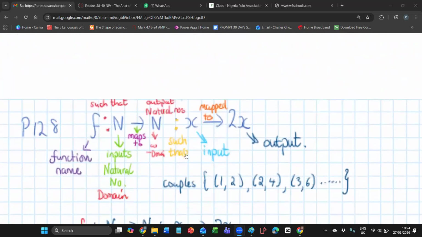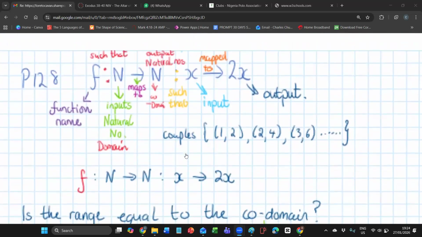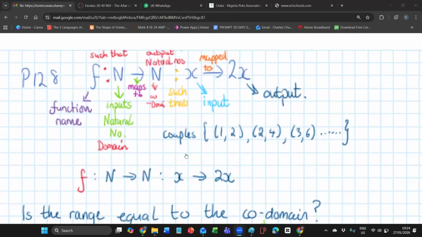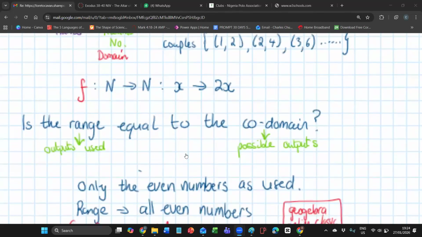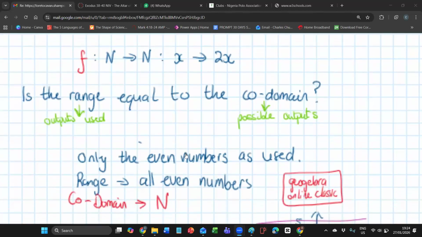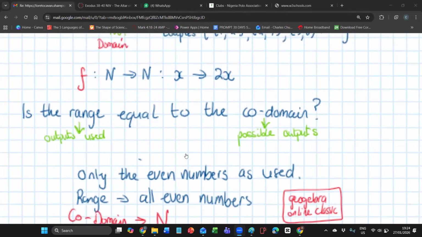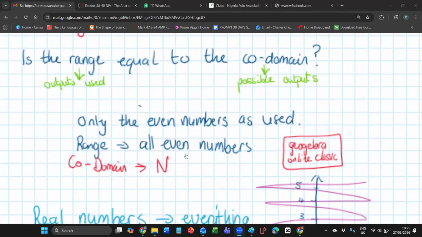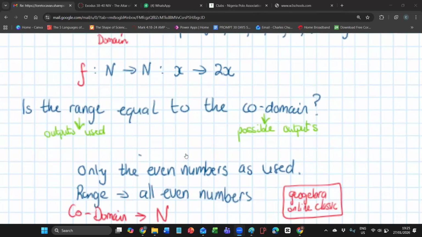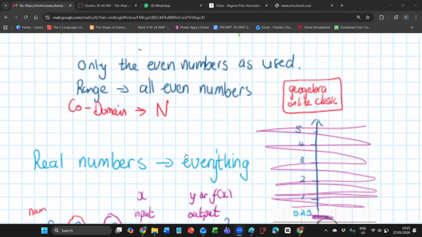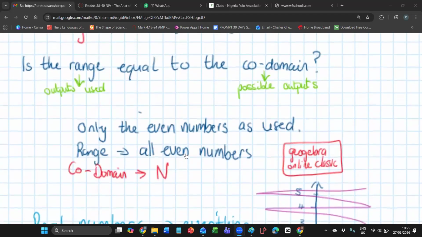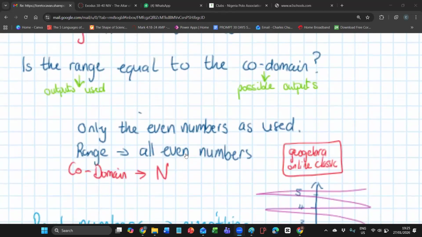This one is still talking about the 2x. Ah, my battery is already out.